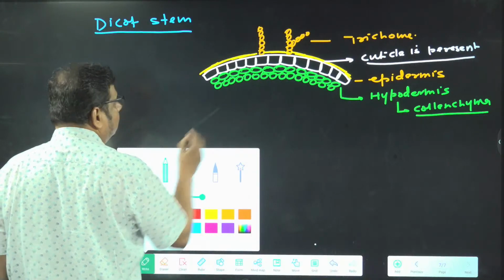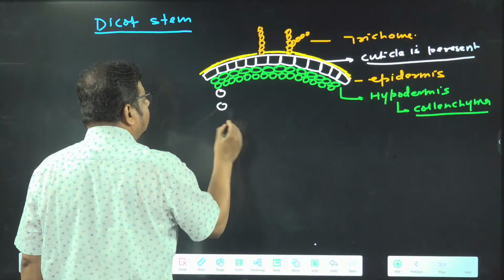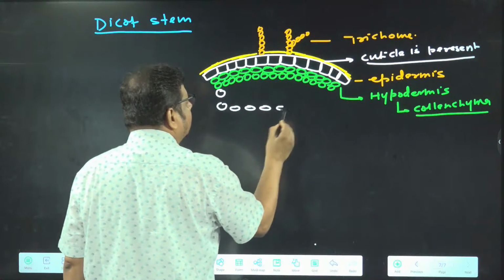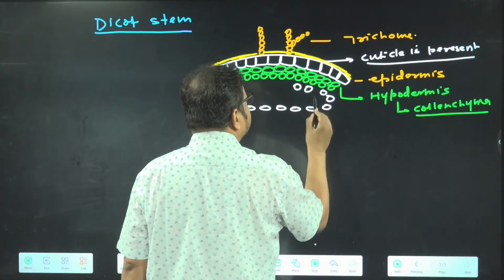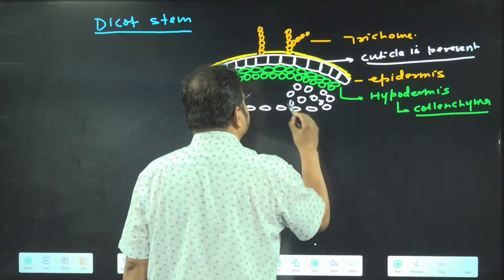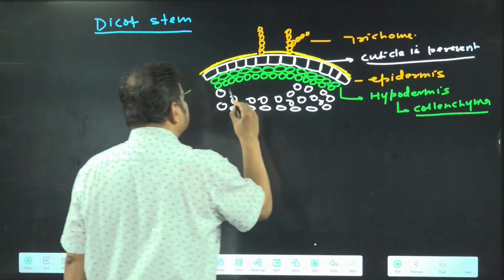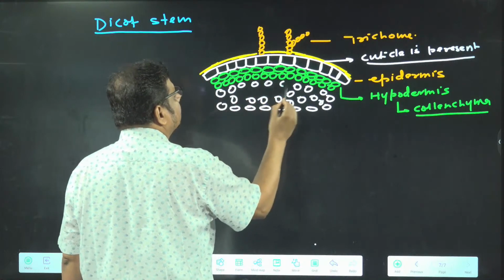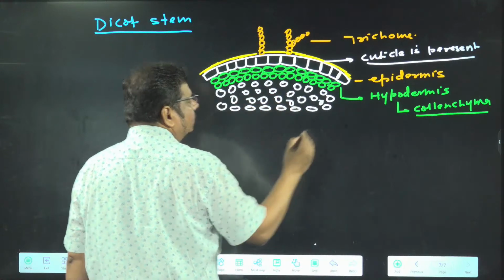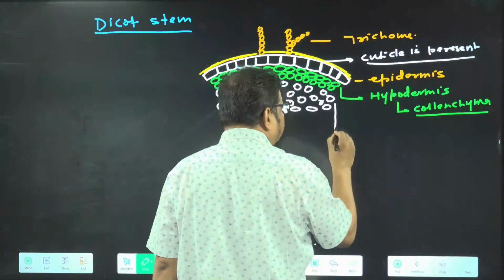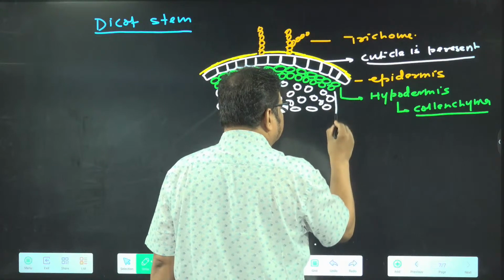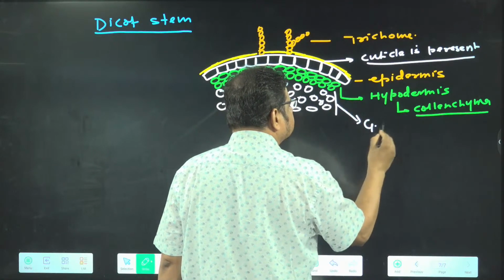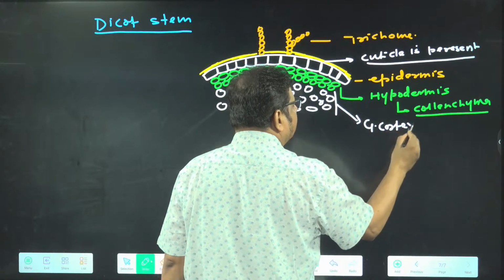After hypodermis, we will look at which one? General cortex. You know general cortex is multi-layered and it is parenchymatous. And intercellular space is present. So this is the general cortex. What should we write about it?